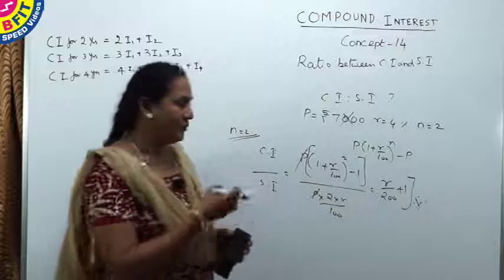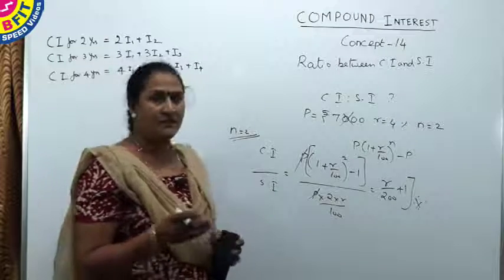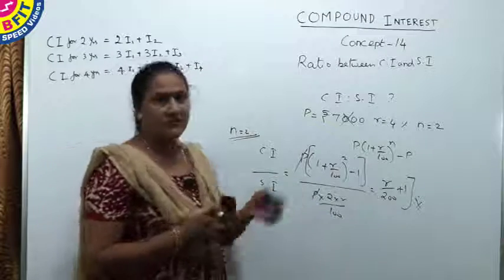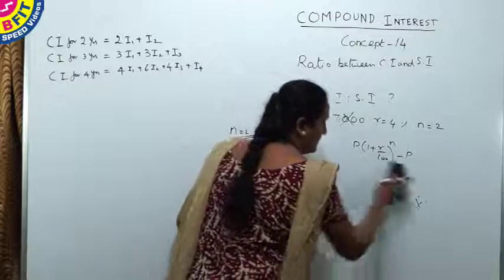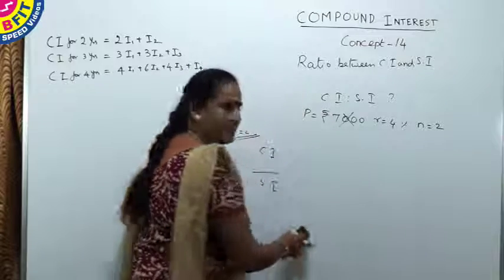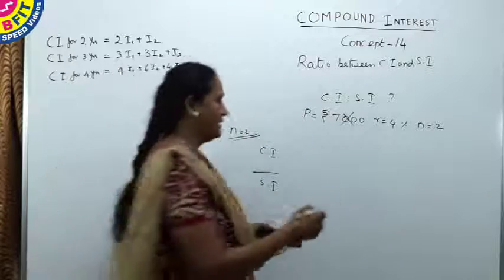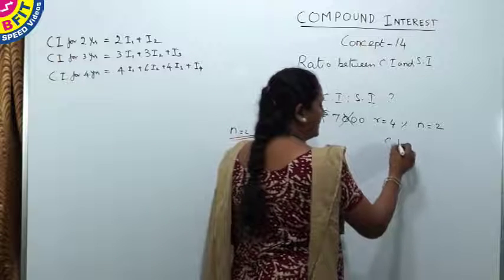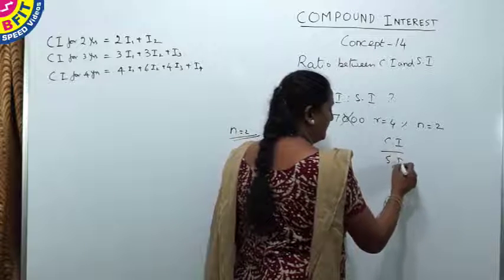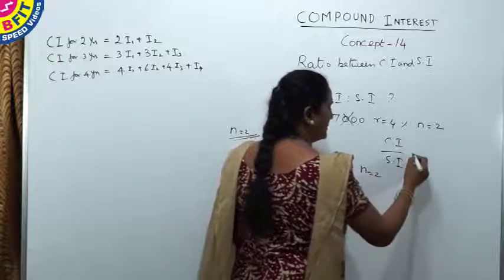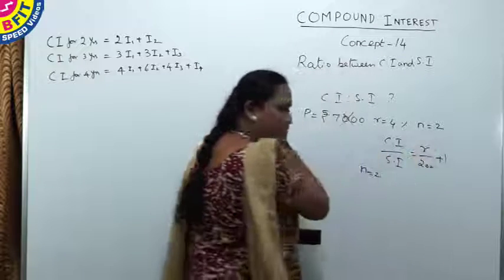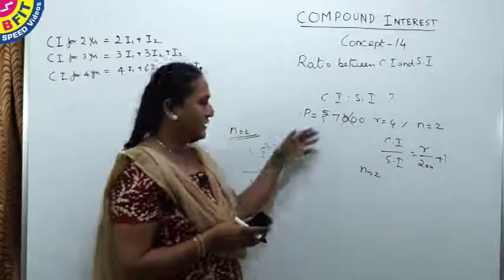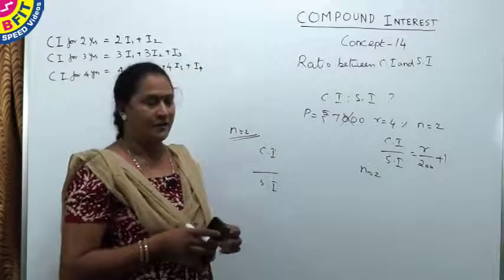Wherever you need this working, we'll be seeing a few examples using these ratios also. Mostly I suggest no need to remember any formula. But here, when they ask the ratio between CI and SI for 2 years, with the interest rate alone you can find the ratio. Seeing the data, within seconds you can find the ratio.